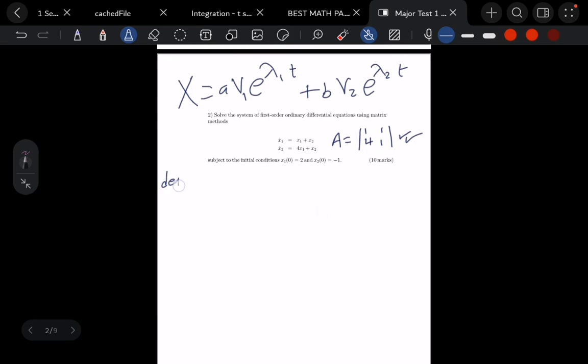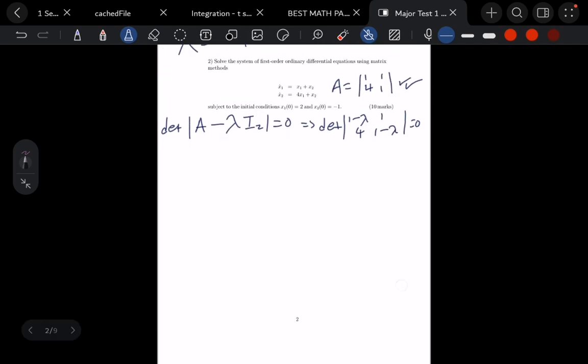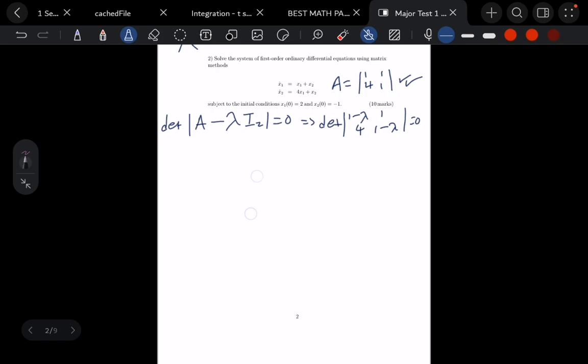So we need to find the determinant of A minus lambda I2 equals 0, which is the same thing as the determinant of 1 minus lambda, 4, 1, 1 minus lambda equals 0. If you substitute and solve for lambda here, I'm going to have 1 minus lambda times 1 minus lambda minus 4 equals 0.